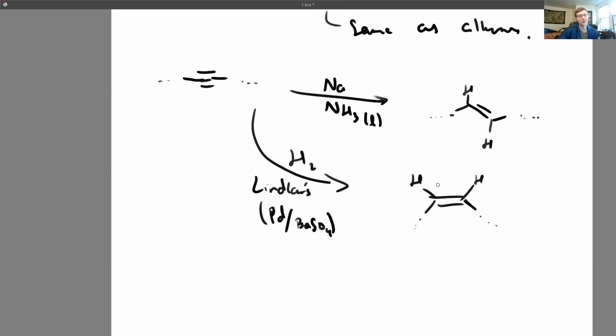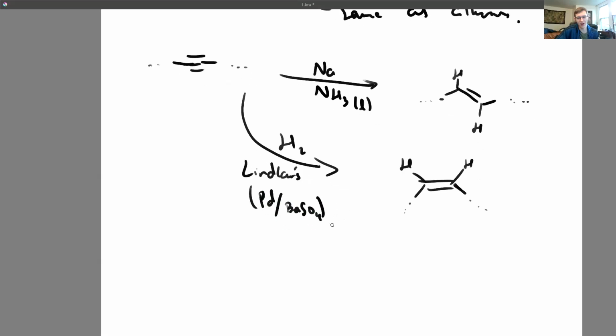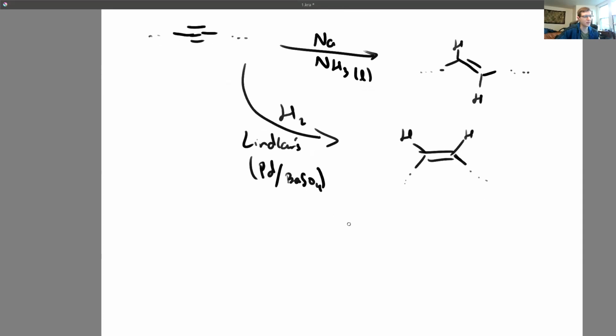And that makes it so that you get a single addition, right? When you have this barium sulfate on there, it's energetically favorable enough to add one hydrogen, but adding the second hydrogen is harder.